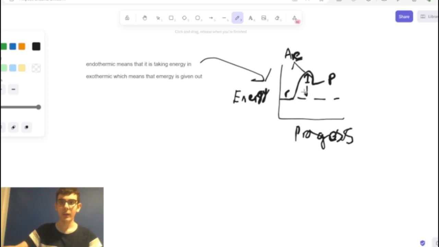And this arrow here that can go either way, it's got to be an arrow going up or down, not with two arrows like that. This is the overall energy change. So in the next part, we're going to be calculating overall energy change in bond energies. This will be the overall energy change.